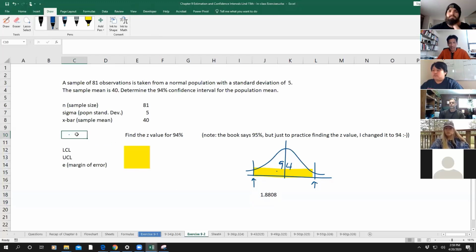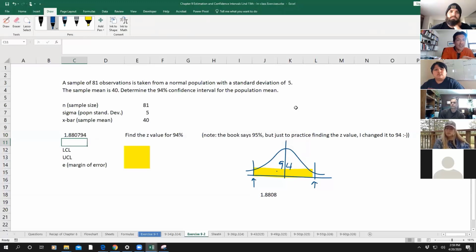So the z-score, we can use the norm.s.inv, and then the probability is point what? 0.97. 0.7? Why did you use 0.7? I said 0.97. Oh, 0.97. Okay. So if you do 0.97, what you're actually obtaining is the area from the upper tail over here. That's one way. All right.